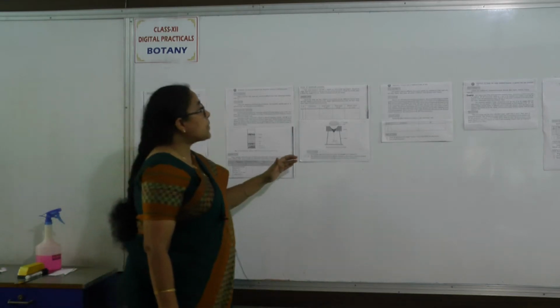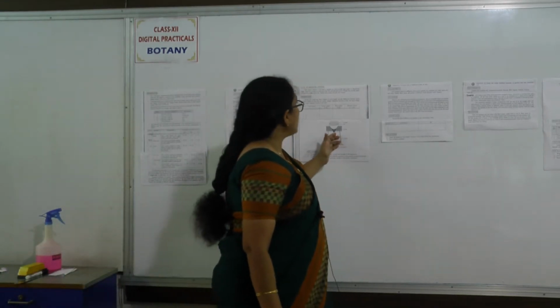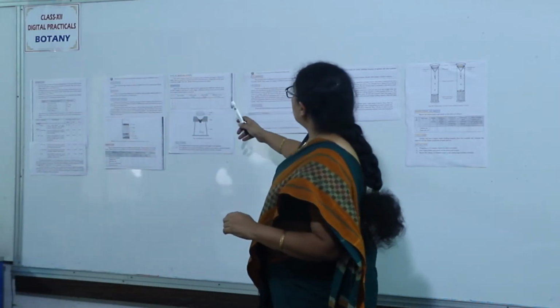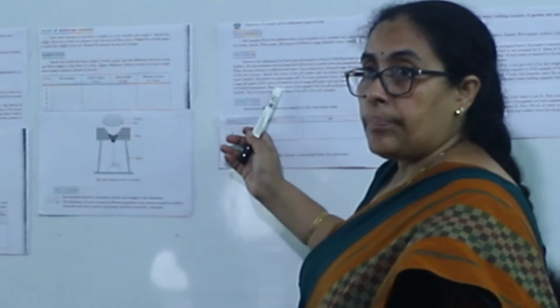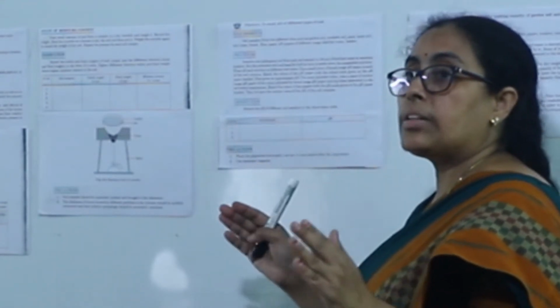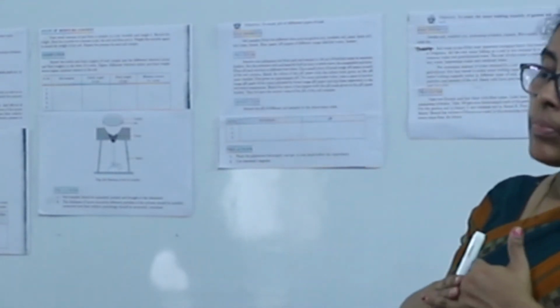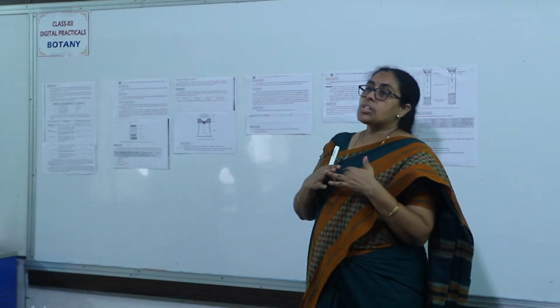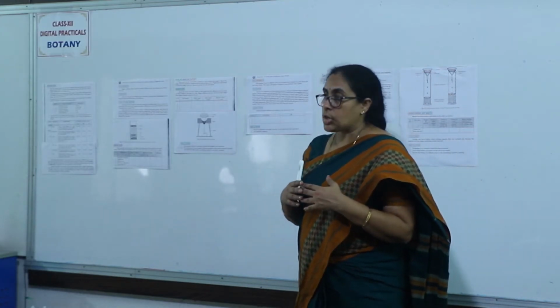The second experiment is the one explaining the pH of the soil. That means we are going to take two different types of soil: one is the garden soil, and the second one is the roadside soil.